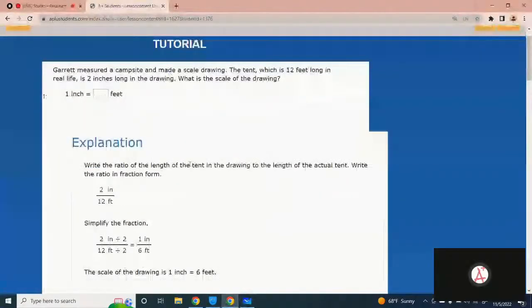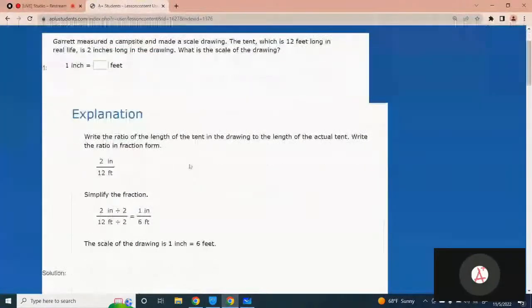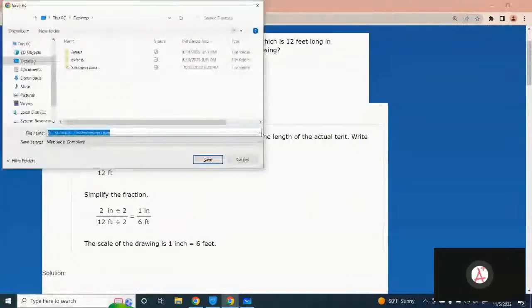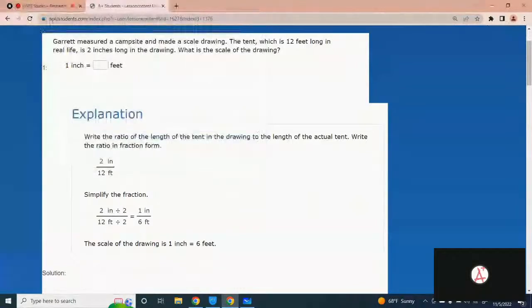The topic is scale drawings and scale factors. Garrett measured a campsite and made a scale drawing. The tent, which is 12 feet long in real life, is 2 inches long in the drawing.